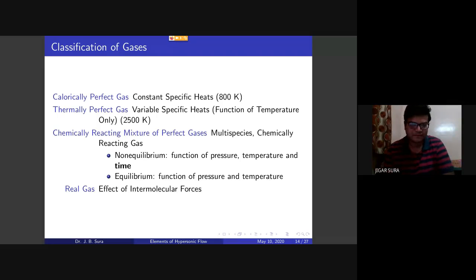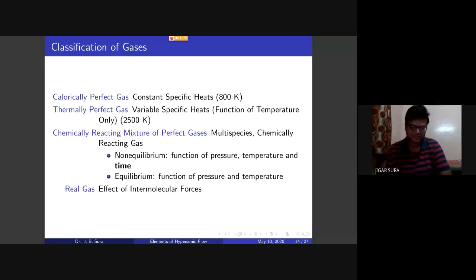And this fourth thing is real gas. Usually in the book of Anderson, they have given one perfect explanation about real gas: the effect of intermolecular forces. Now this happens when you are at very high pressure and very low temperature, which is not part of hypersonic flow.